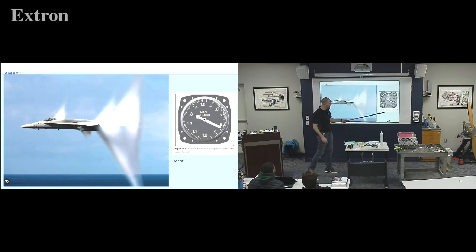So a Mach meter will tell you how fast you're going relative to the speed of sound. Now, I'm not gonna get way off in the weeds, even though it's fun to talk about. Depending on how high you are, the density of the air, the speed of sound changes. So the speed of sound is not a constant. It changes.